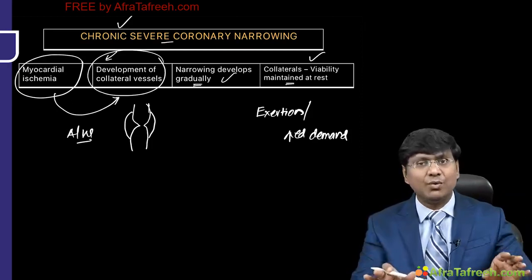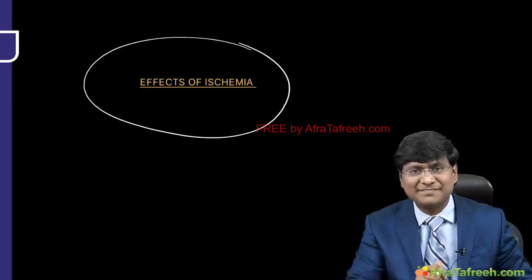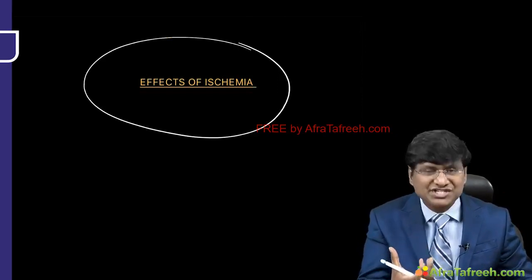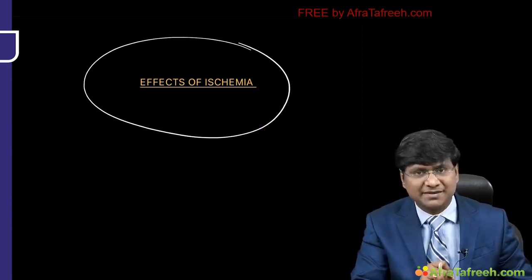Now, because of atherosclerosis, what is happening? There is reduced blood supply. Now, what will be the changes that happen in the myocardium? What is the effect of the ischemia?